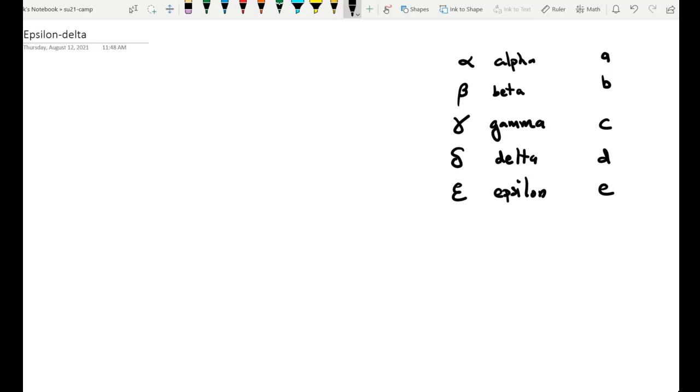All right. Now, here in this context, we're going to use the epsilon-delta definition of limit. Epsilon and delta will represent positive quantities, so both are greater than 0.